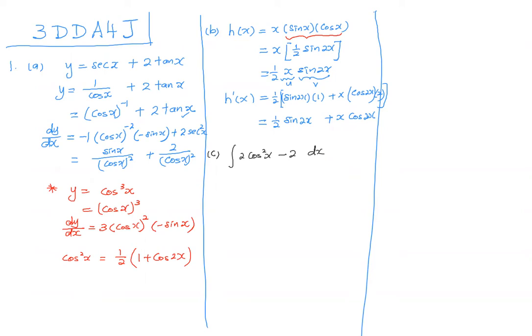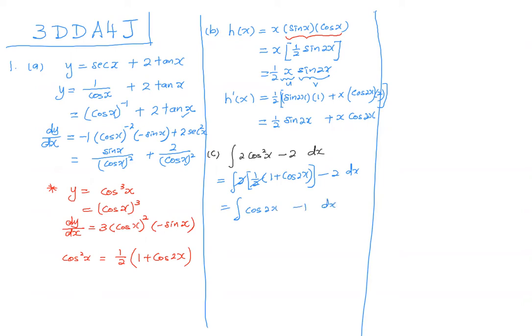Okay, so now I just replace this with half of 1 plus cos 2x. Then minus 2 dx. Okay, the 2 and the 2 here cancel. So I have integrate cos 2x minus 1 dx.